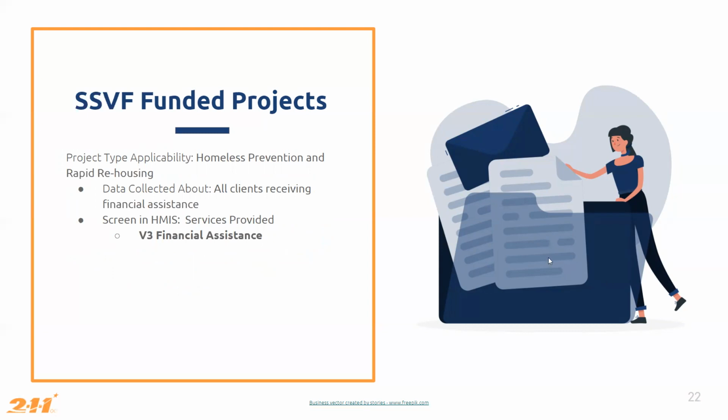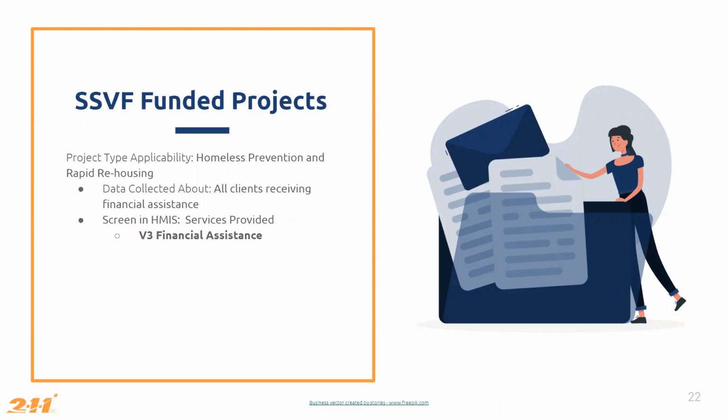All right. For SSVF funded projects, we did have a couple changes as well. The first is just a small change for both homeless prevention and rapid rehousing projects. They made some small modifications to the financial assistance service in HMIS.